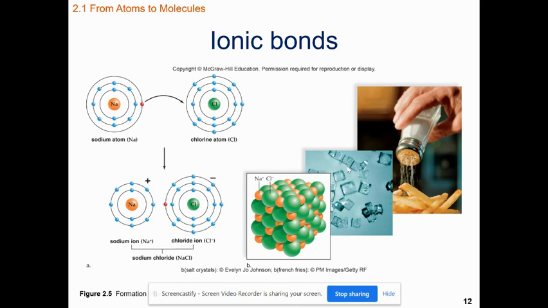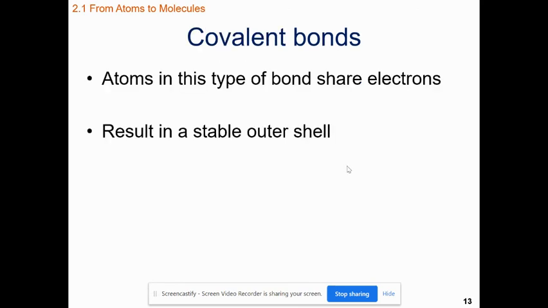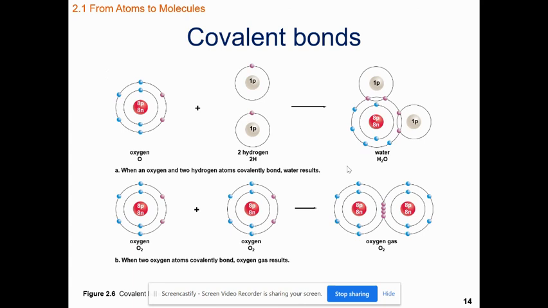In a covalent bond, what you will find is atoms share electrons. If one is missing a couple of electrons and another has them, those electrons will then orbit both of those atoms, and this leads to a covalent bond. So things like water would be covalently bonded together.